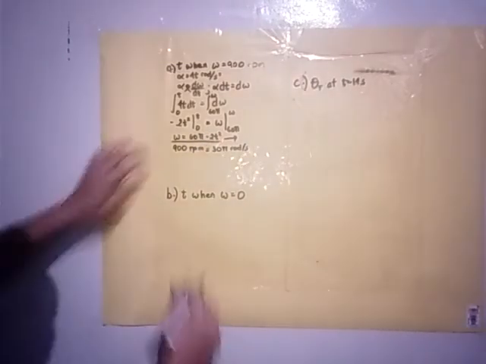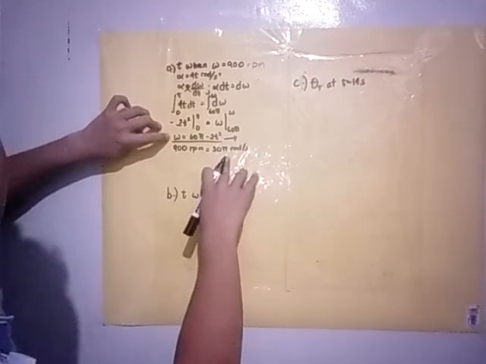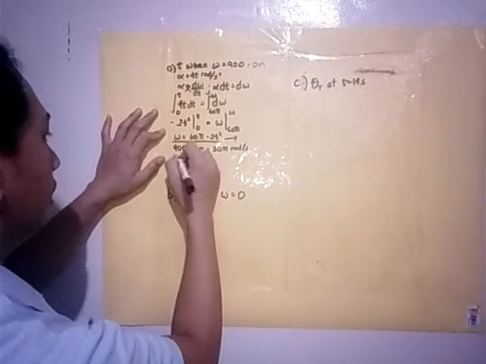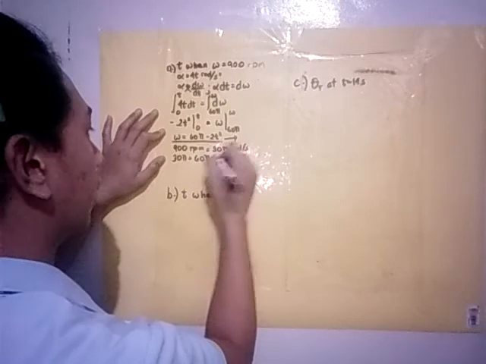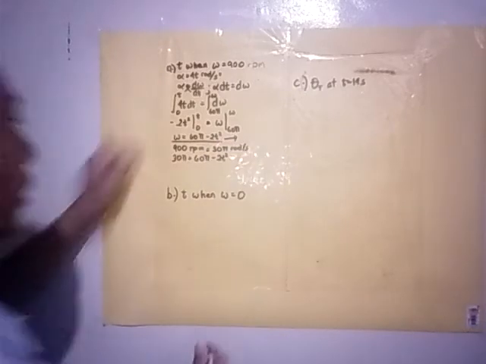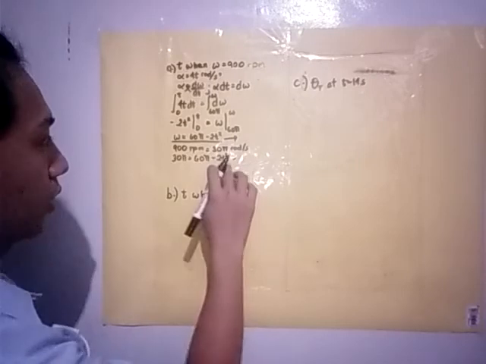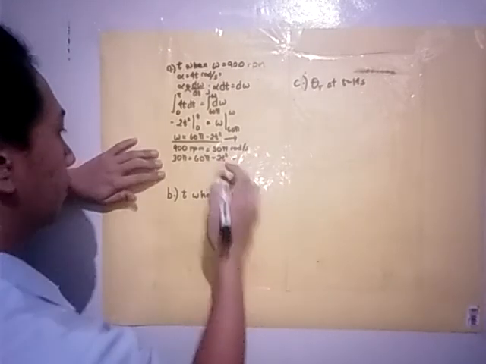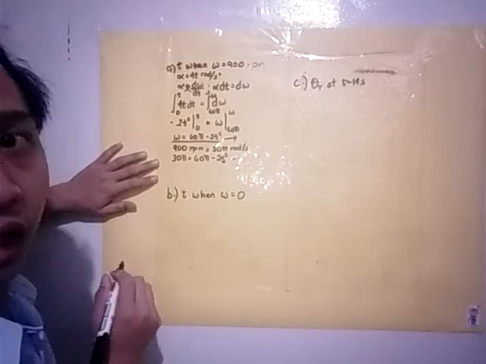So, we substitute 35 to omega. So, 35 is equal to 65 minus 20t square. And from this equation, we manipulate it to get our t.